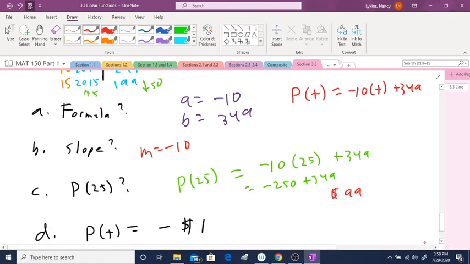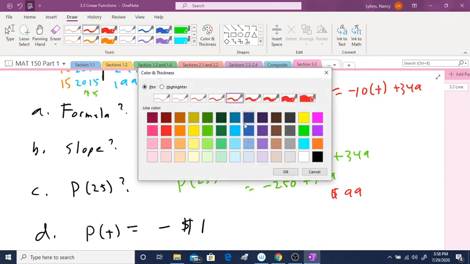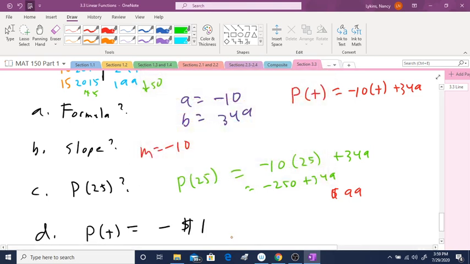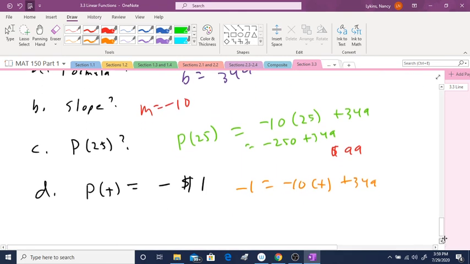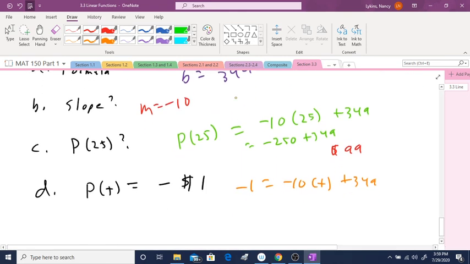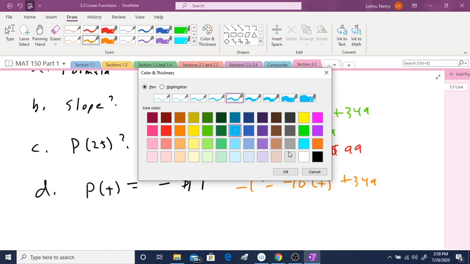And finally, what about when it's -1? Well, now you do not put the -1 in. What that means is that -1 is what the cost is, or the price. So what I'm going to say is -1 equals -10T plus 349. Now here's where a common mistake is. Look at this. We always do the opposite in this case.